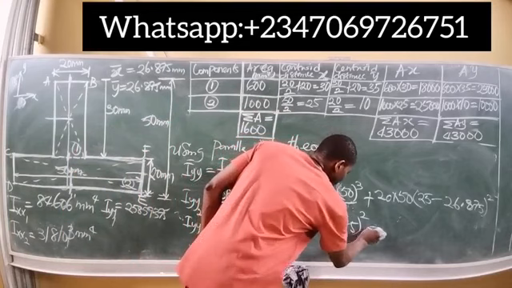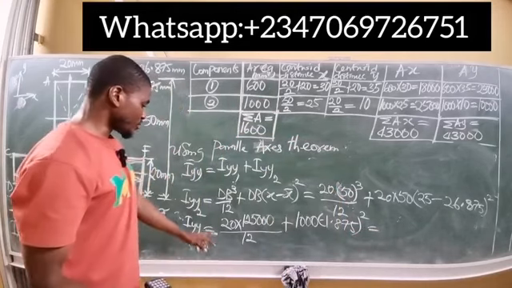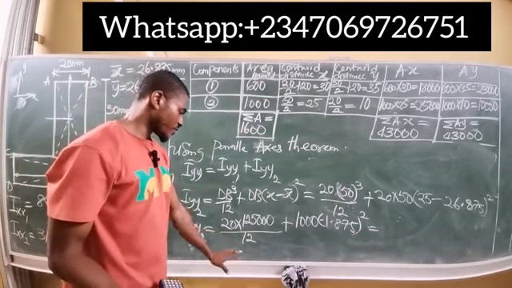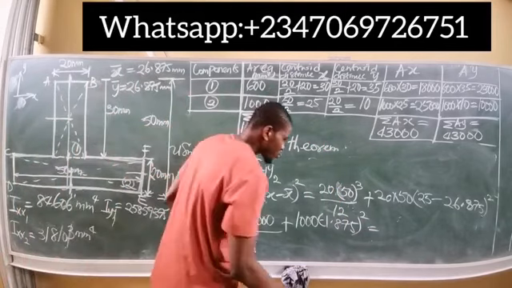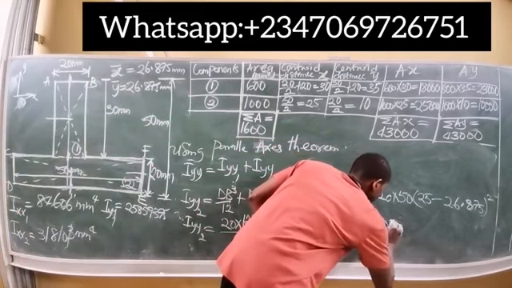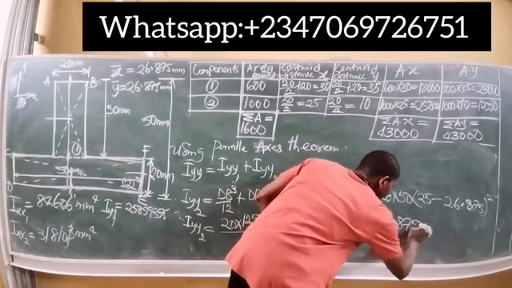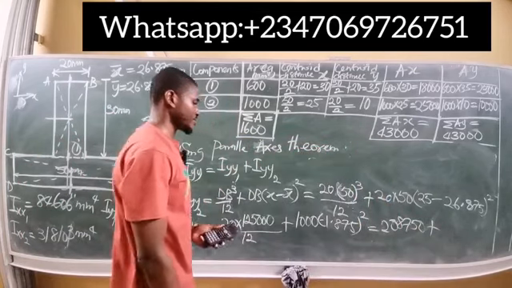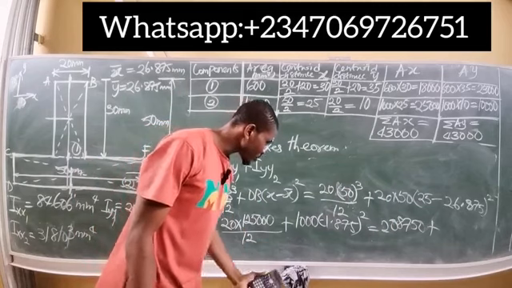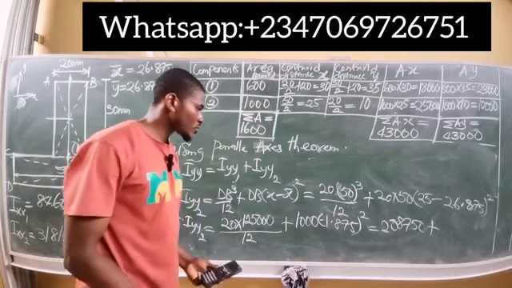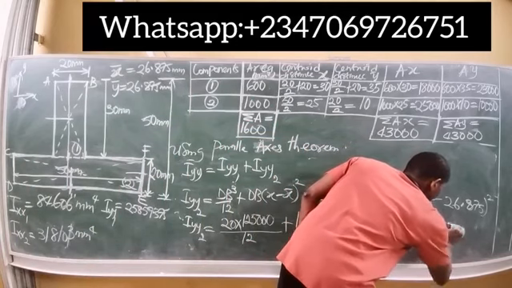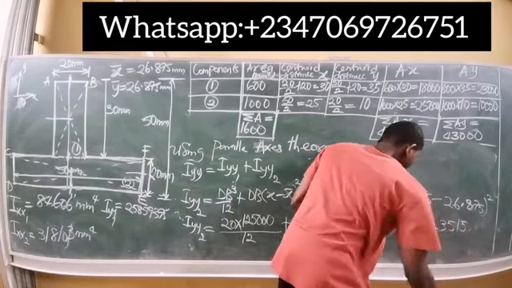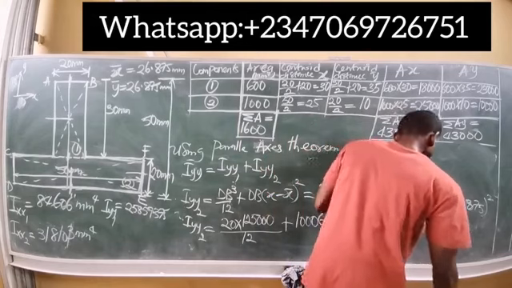So let's evaluate 20 times 125,000 divided by 12. That's approximately 208,750, plus 1,000 multiplied by minus 1.875 all squared, that gives us 3,515.625.